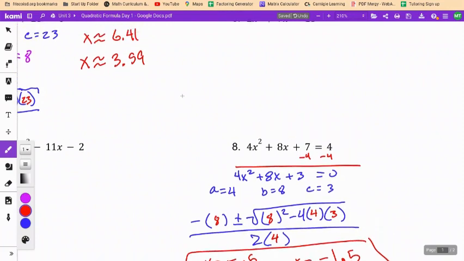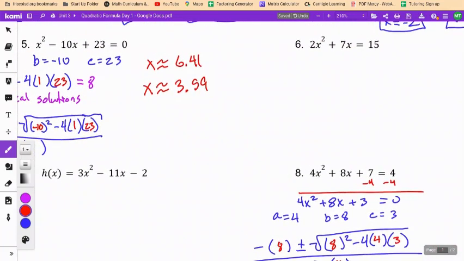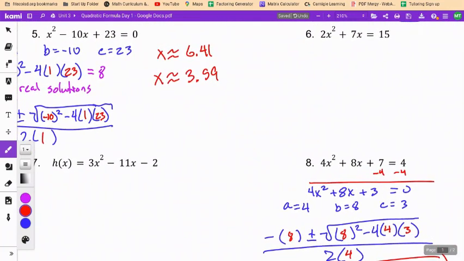Okay, I want you guys to practice 6 and 7 using the quadratic formula, of course. The answers for number 6 are 1.5 and negative 5, so see if you can get those two as answers once you do it.